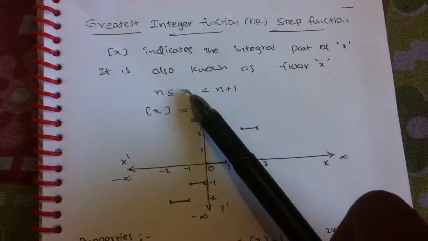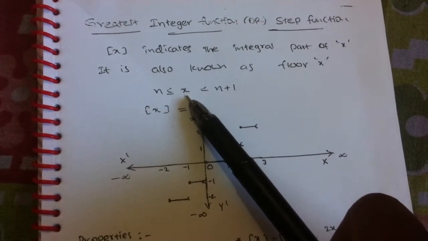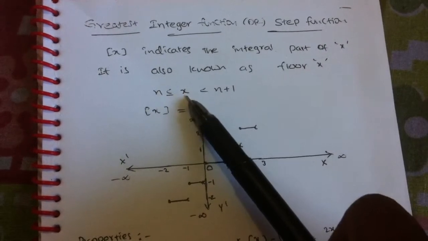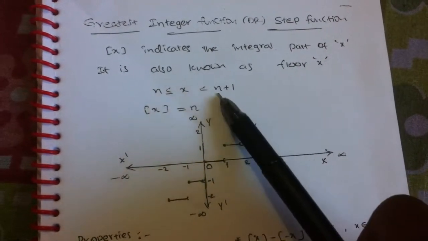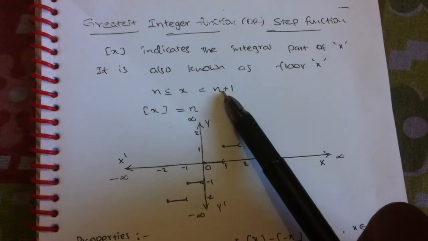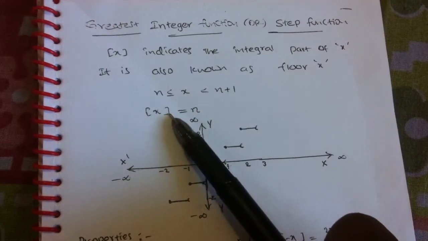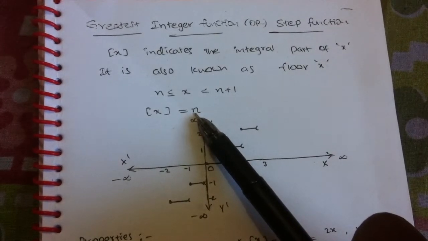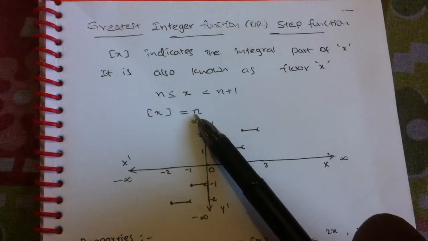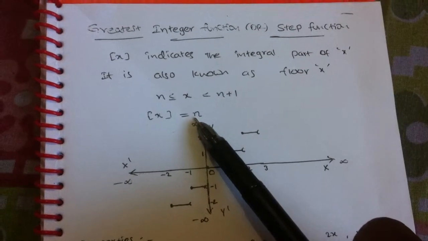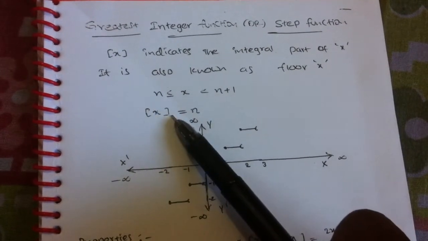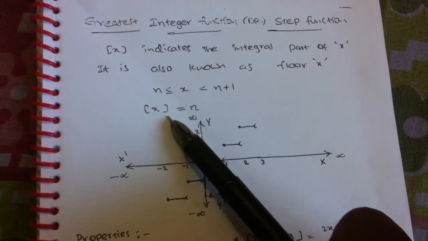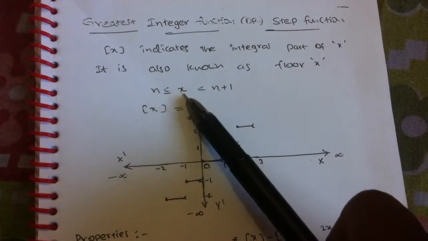Suppose x is 3.2, and we know that this 3.2 lies between 3 and 3 plus 1, 4. So then step x is equal to 3. That means it is clear that the step x value is always the greatest integer that the number belongs to.